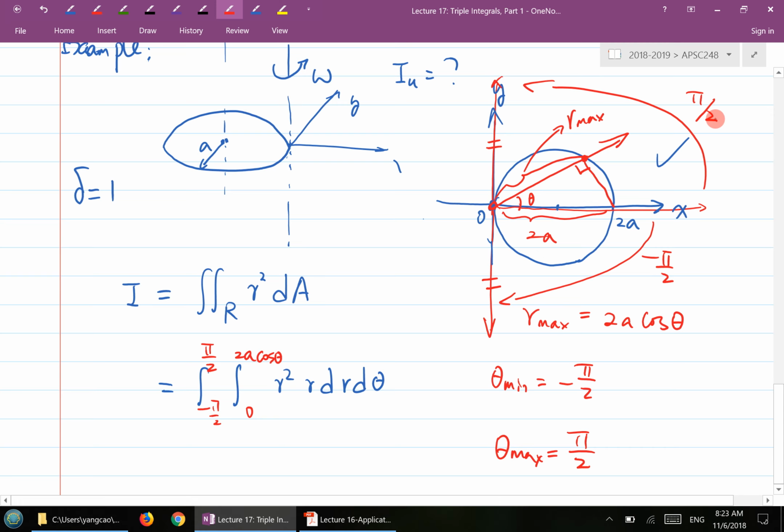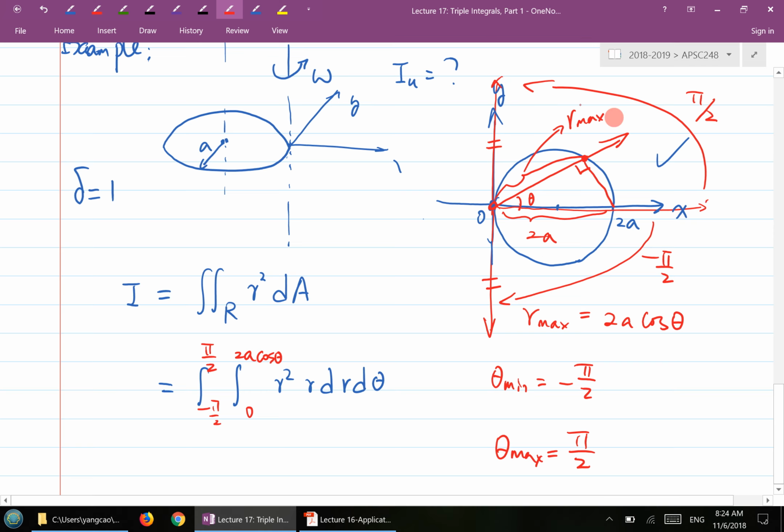Okay. Can you give me another option for theta min and theta max? Louder, I can't hear. 90 to 270? Yeah, 270, that's right. 3 pi over 2. Excellent. So the other option is you follow exactly the convention for theta angle.